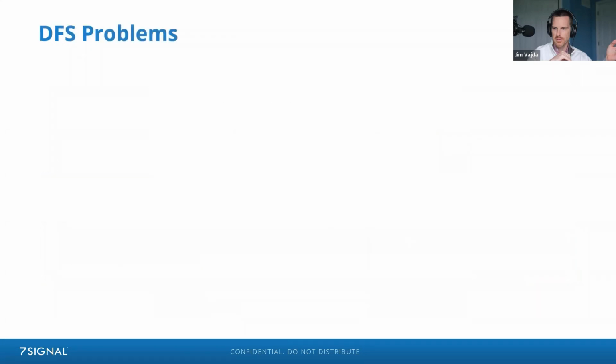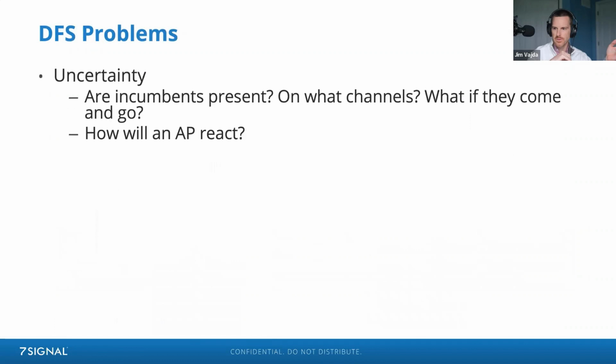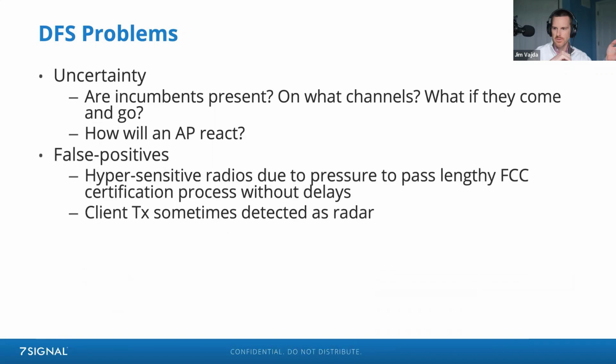So DFS came with some problems. One is uncertainty. We never really know if incumbents are there or not. A lot of these incumbents aren't ground-based radar systems. They're airplanes and helicopters and ships out to sea. And we can't predict when they'll show up and what channels they'll use and how often and what the AP is going to do.